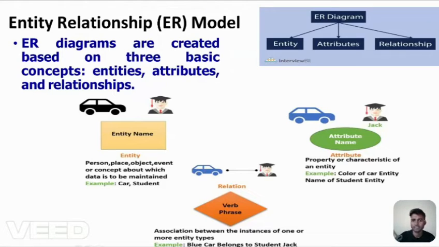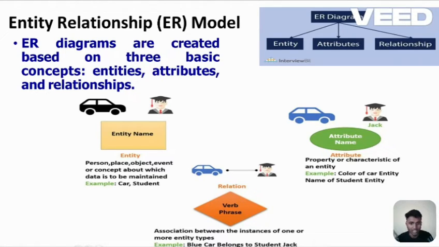Next is the entity relationship model. ER diagrams are created based on three basic concepts: entity, attribute, and relationship. I have explained this before also. Here we have our entities, which are a car and a student. Attributes are the color of the car, which is blue, and the name of the student.